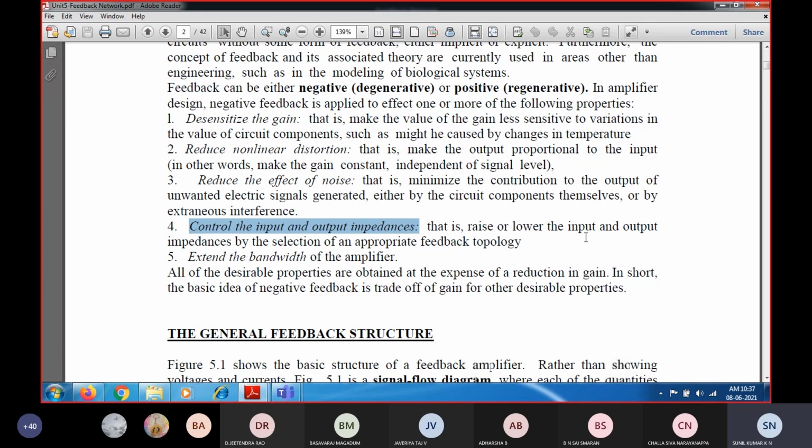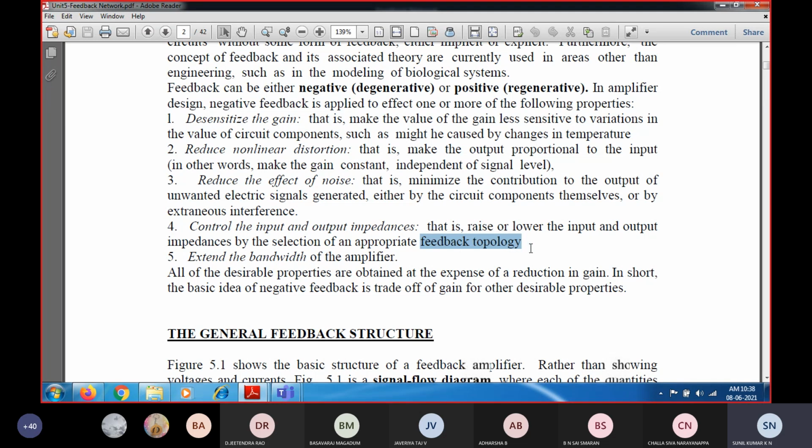That is, raising or lowering the input and output impedance by selection of the appropriate feedback topology. You will be learning the different feedback topologies: voltage series, voltage shunt, current series, current shunt.